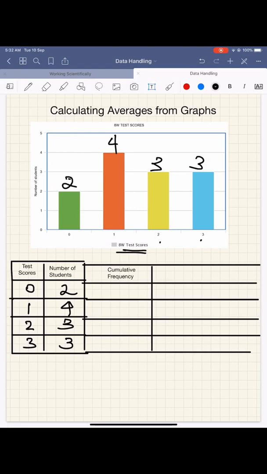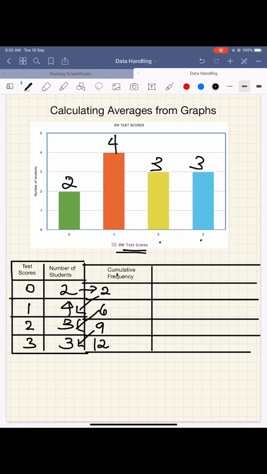So we move this here, 2, and then 2 plus 4, 6. 6 plus 3 is 9. 9 plus 3 is 12. So that means there are 12 students.